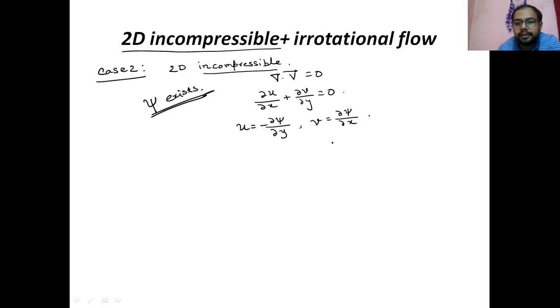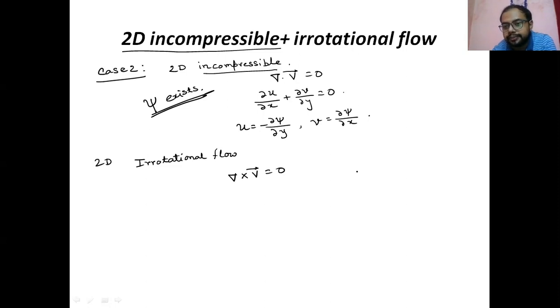Now here we are putting this in the irrotational equation for two-dimensional cases. Irrotational means curl of the velocity vector is equal to 0.